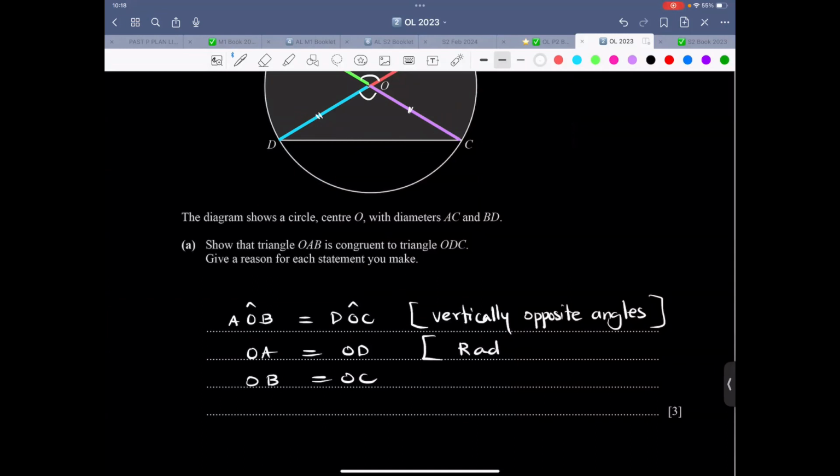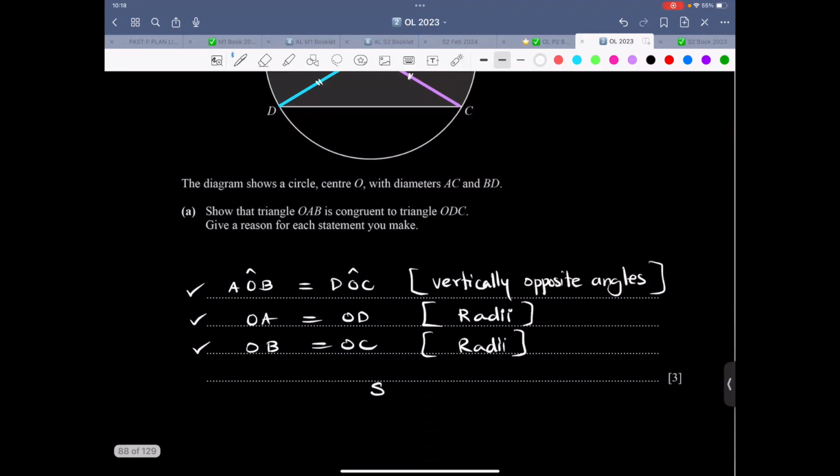That means they are radii. The same as the reasoning over here. Plural of radius is radii. So we have an angle, a side, and this angle is in the middle. So side, angle, side. On this basis, we should say that triangle OAB is congruent to triangle ODC.